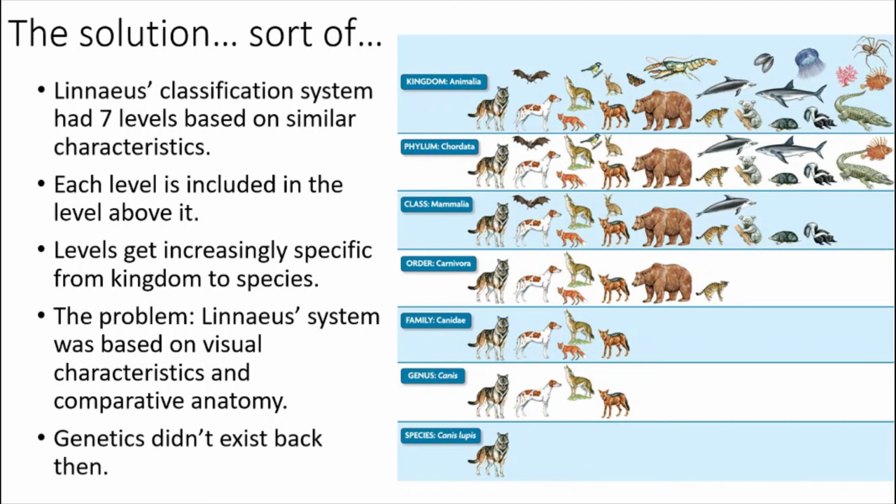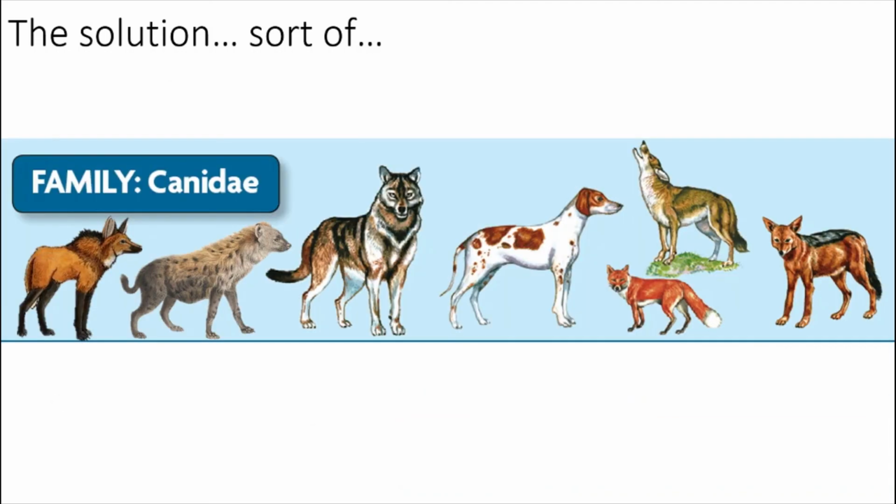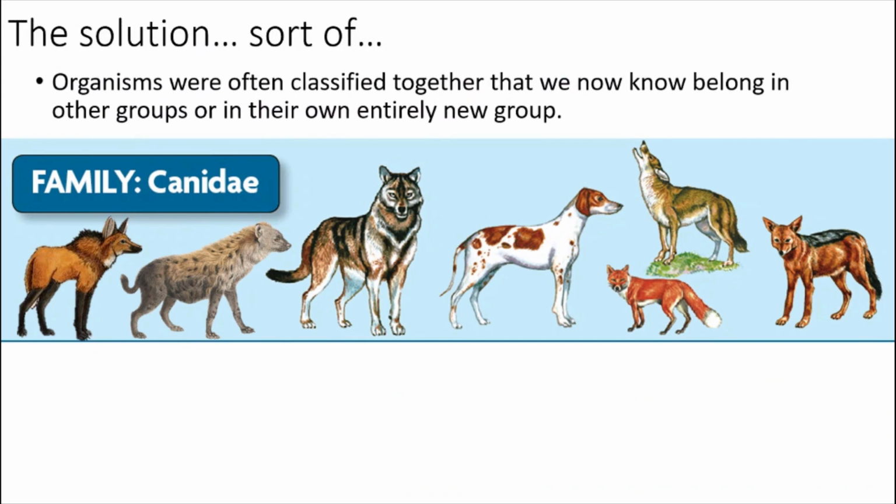What this means is that many organisms were classified together that shouldn't have been. Many of those organisms we now know actually belong to other groups or their own groups entirely. And this was incredibly common. So common that we're still fixing many cladograms today based on new genetic data as well as fossil records.